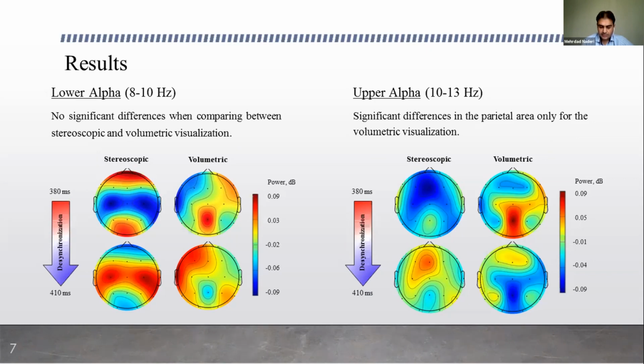In the parietal area, as you see in here, the amount of the synchronization is the same. However, in upper alpha, significantly higher desynchronization was presented in the volumetric 3D here. Volumetric 3D image viewing might be associated with higher cognitive performance.